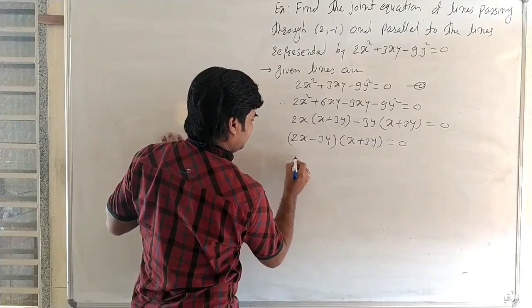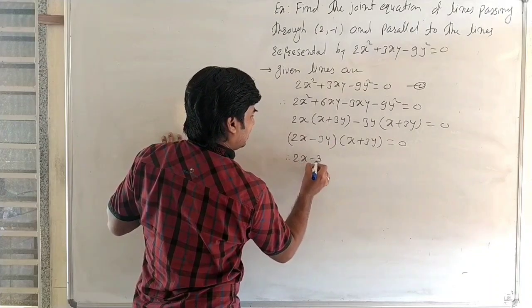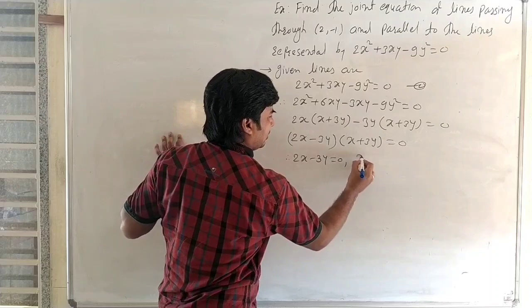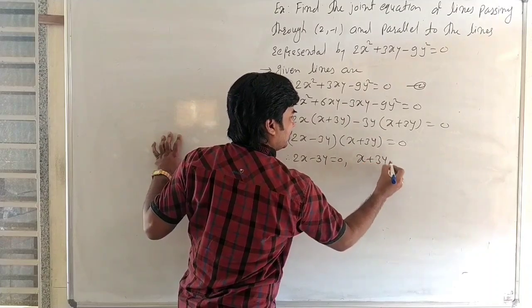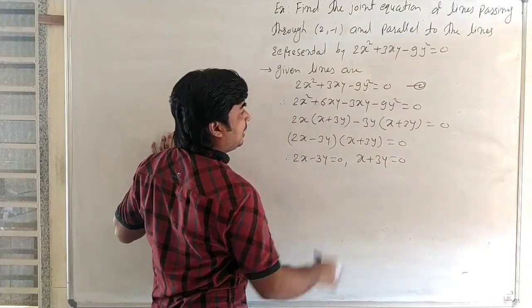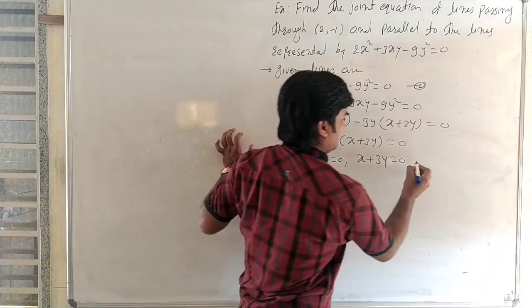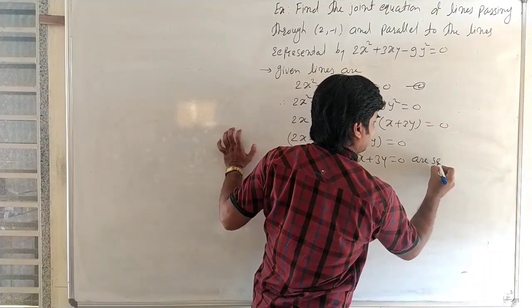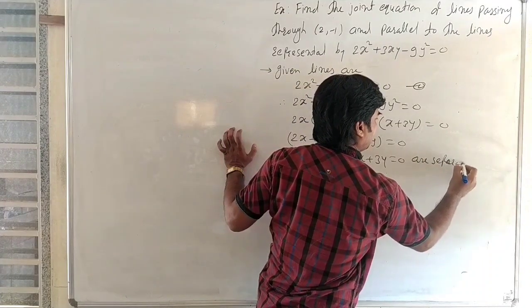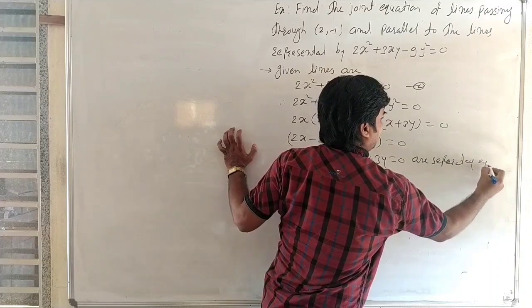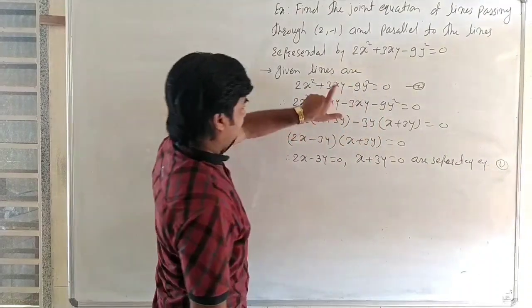Then 2x minus 3y equal to 0 and x plus 3y equal to 0 are the separate equations of the lines.